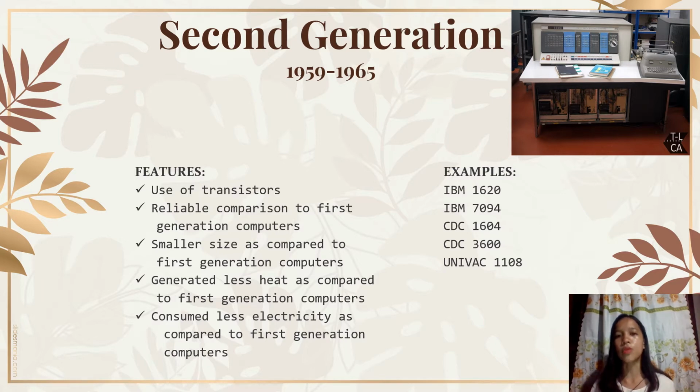The examples are IBM 1620, IBM 1794, CDC 1604, CDC 3600, and UNIVAC 1108. So that's all about second generation computers.